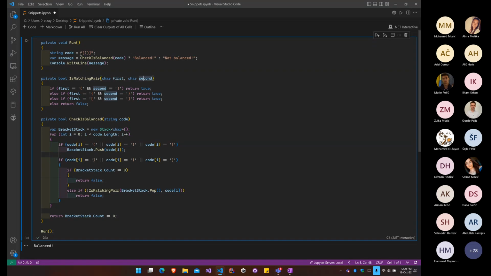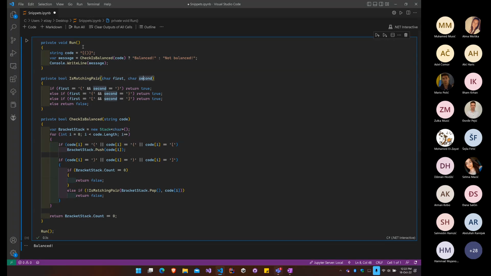So if you open a bracket, and then you open another, and then you close one, the last one which has been opened has to be closed first. So the last one was the round bracket here, or the braces rather, and then we need to close it first.